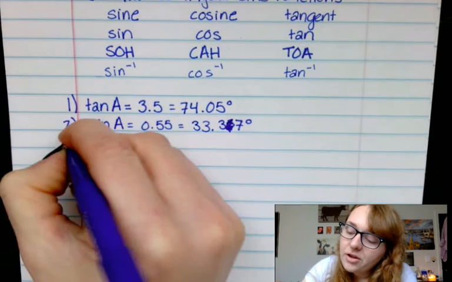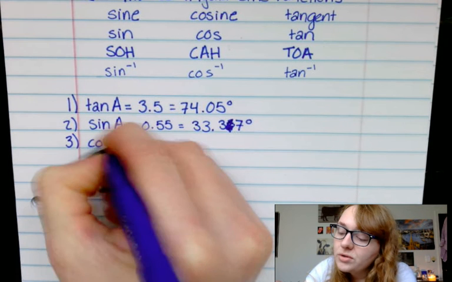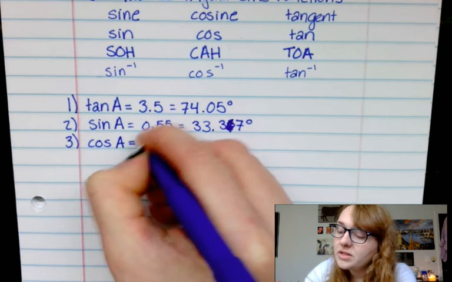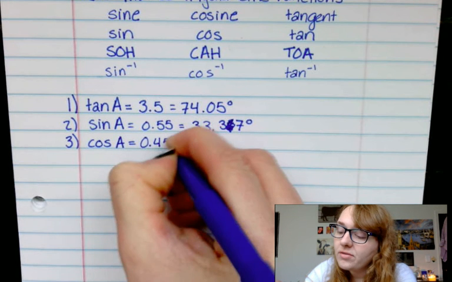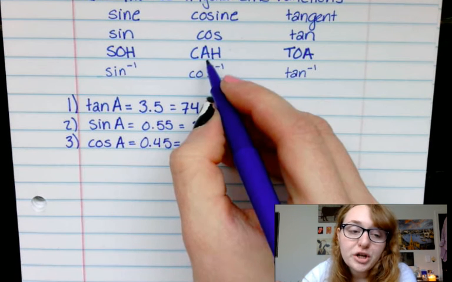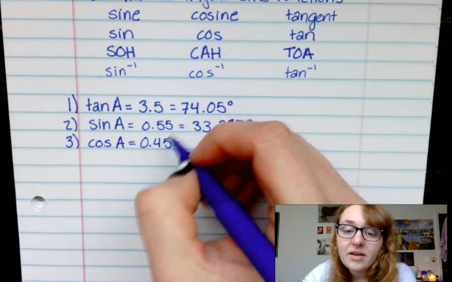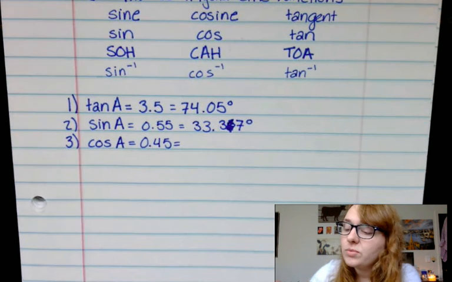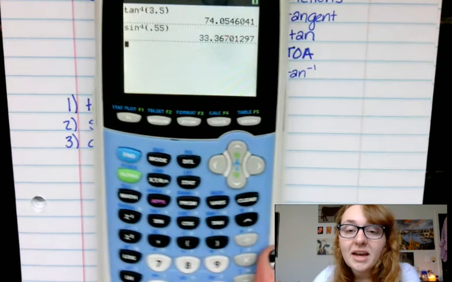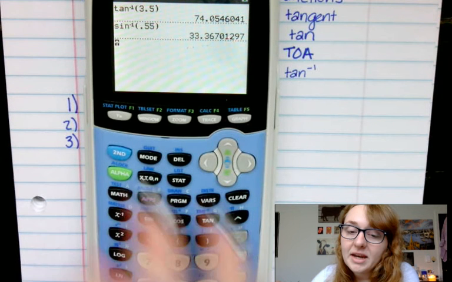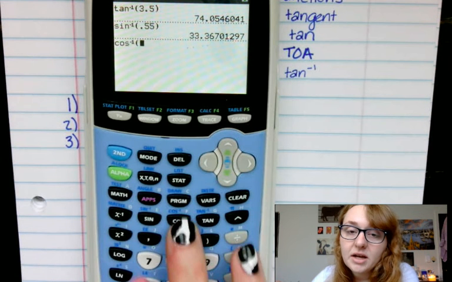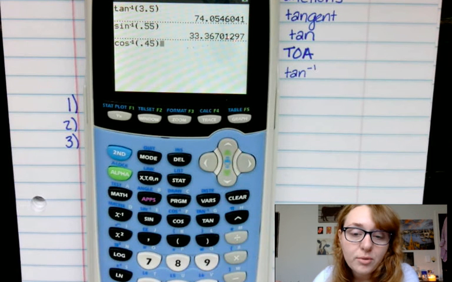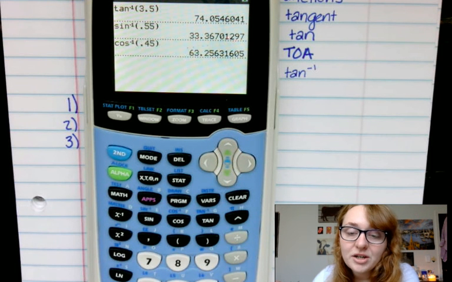Okay, our third example of this, we have our cosine of an unknown angle A is equal to 0.45. So again, the ratio of adjacent over hypotenuse gave us the decimal approximation of 0.45. So we're going to use our inverse function to go ahead and find the angle. So again, hitting second, hitting our cosine, and then typing in that decimal, closing our parentheses, and then hitting enter.